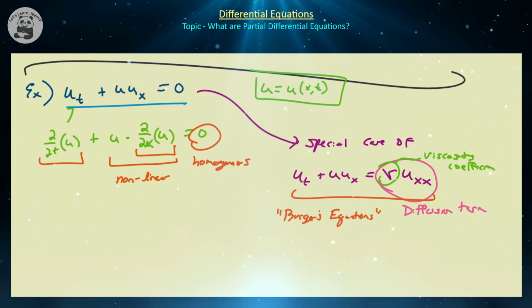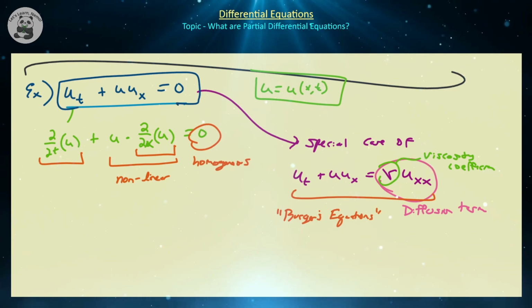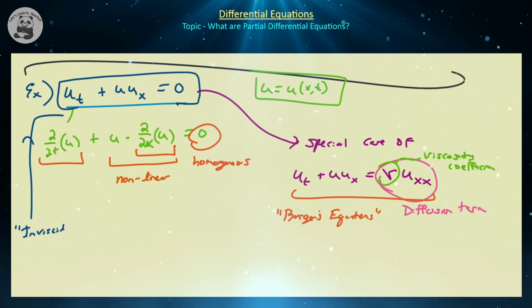So if we want this Burger's equation to sort of reduce to the equation that we started with, in particular this homogeneous PDE, we want that viscosity coefficient to be equal to 0. So this particular equation is sometimes referred to as the inviscid Burger's equation.